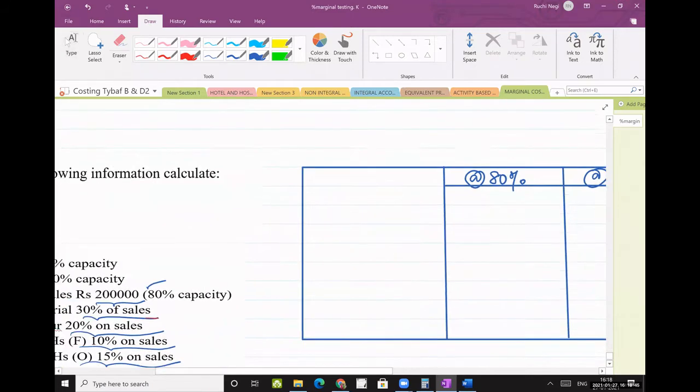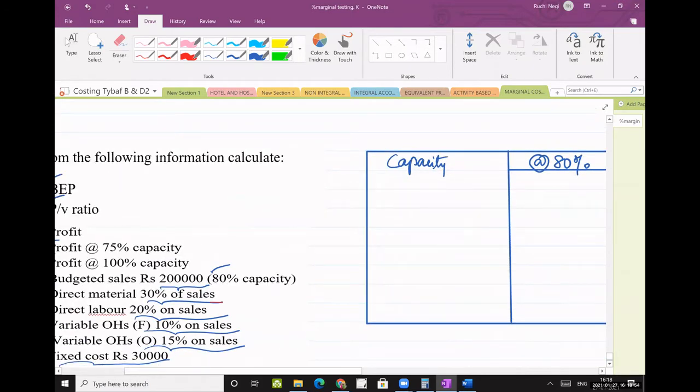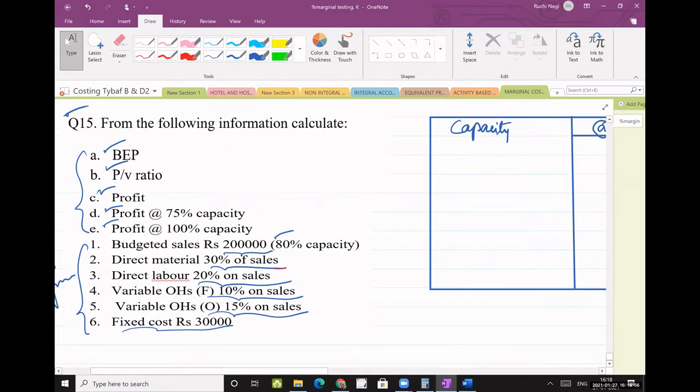So this is your capacity. Amount and CPU.